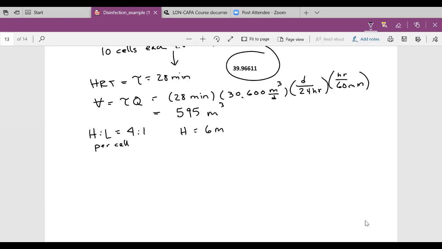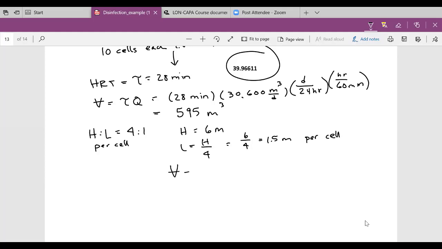And as I mentioned last week, here we want a very deep basin because we want to ensure that we have as much mass transfer of that ozone from the gas into the aqueous phase. So these tend to be very deep. So that would give us a length of H over 4, or 1.5 meters. So that's each cell.